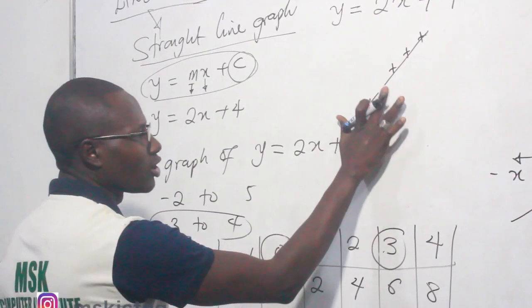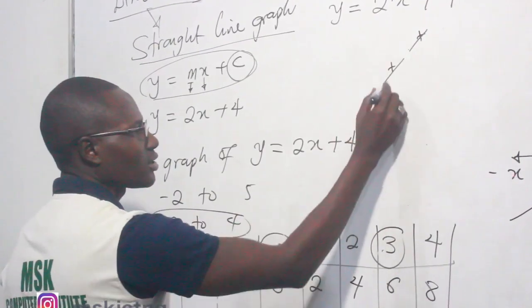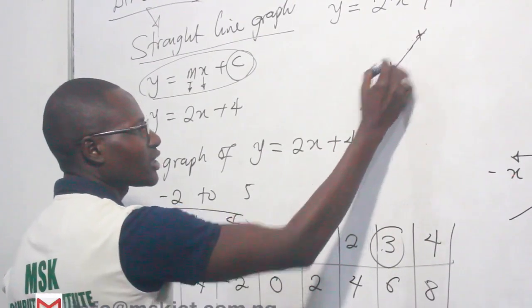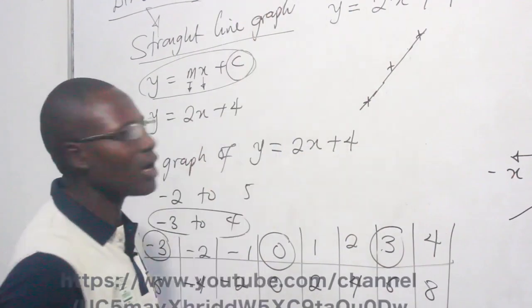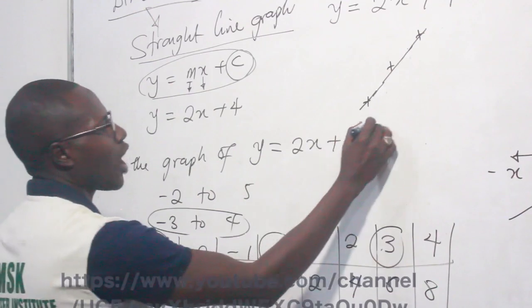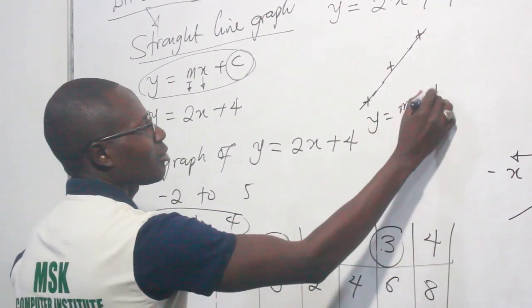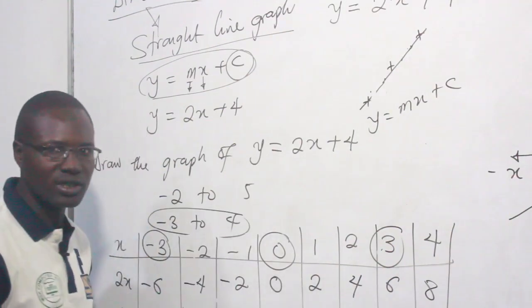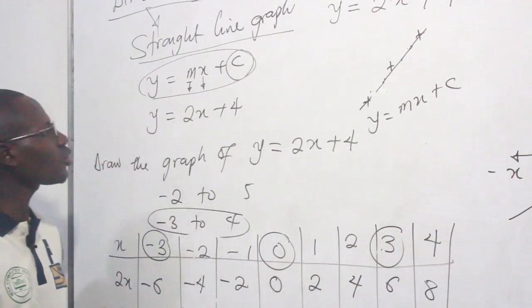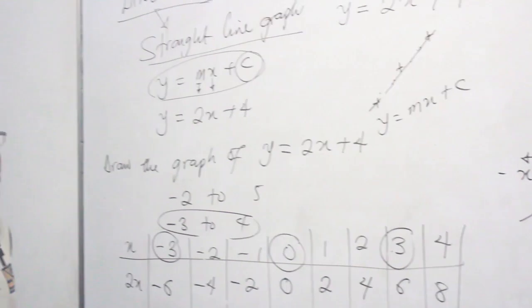But if you ignore this, there may be plausible distractors, since they have the same value of y equals mx plus c at any point here. So you can select any point and continue. So this is what we call a linear graph.